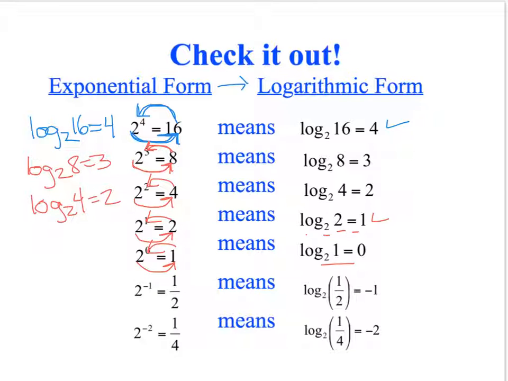Now let me show you, it also works when we're going in the opposite direction. So this would be if we're given a log and we're asked to write the exponential. Same thing, start with your base.